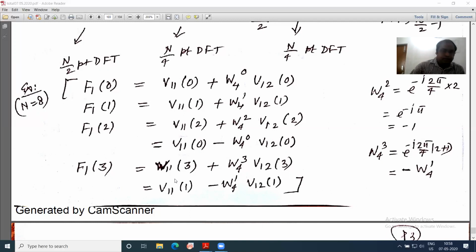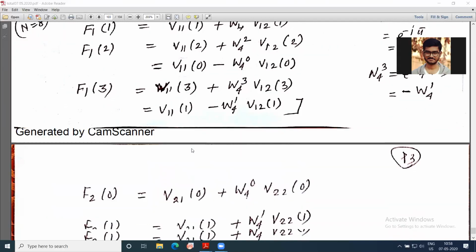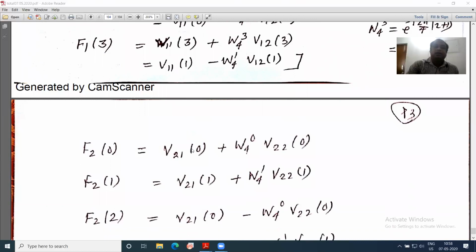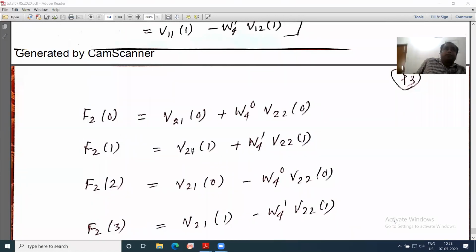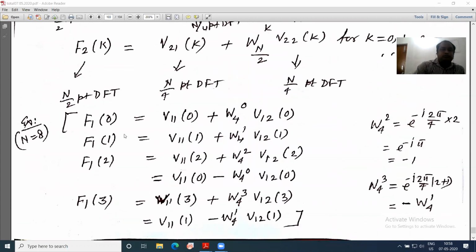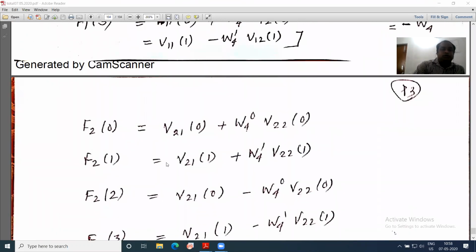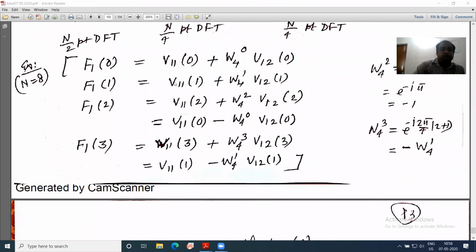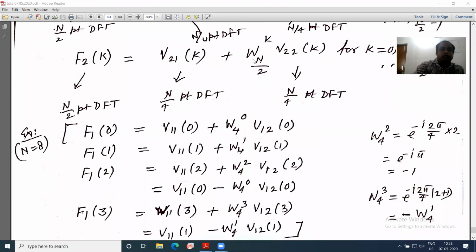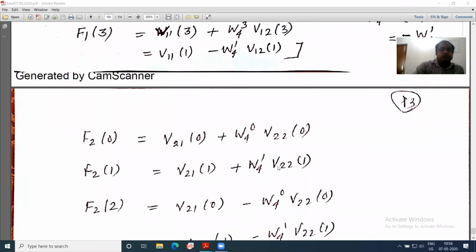Now from f2 of n, we have developed two signals, v21 of n and v22 of n. Similarly, f2 of 0 will be equal to v21 of 0 plus W4^0 v22 of 0, using this equation. Again, f2 of 1 is equal to v21 of 1 plus W4^1 v22 of 1.